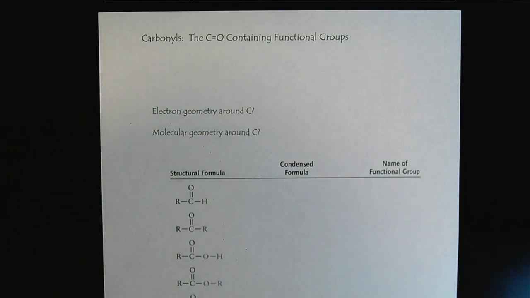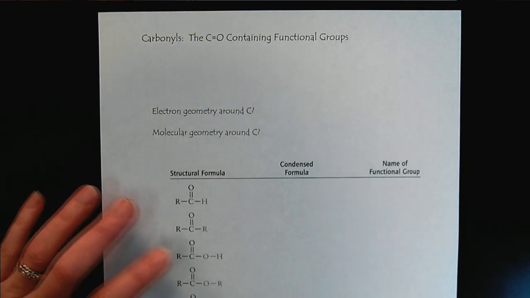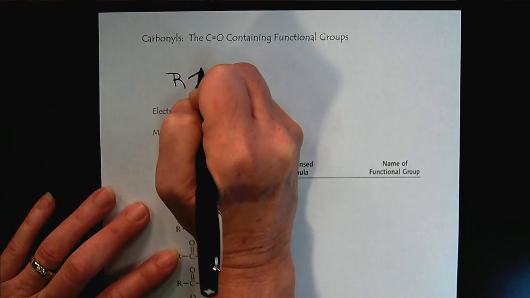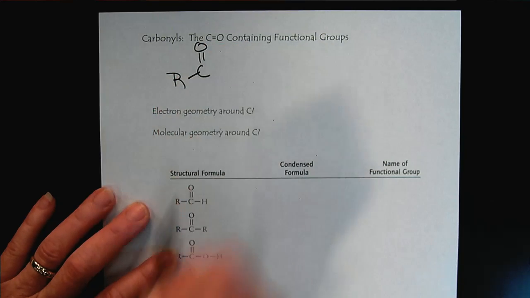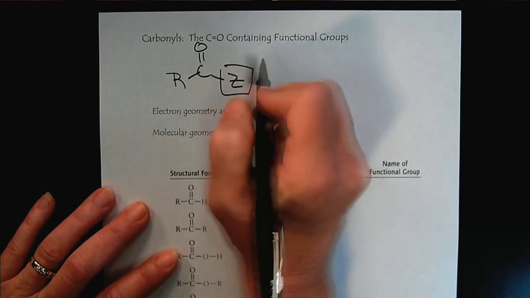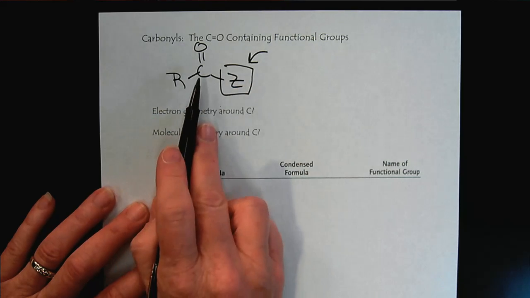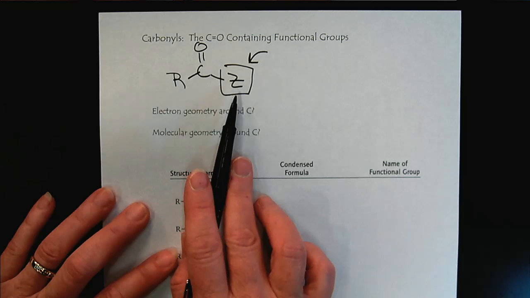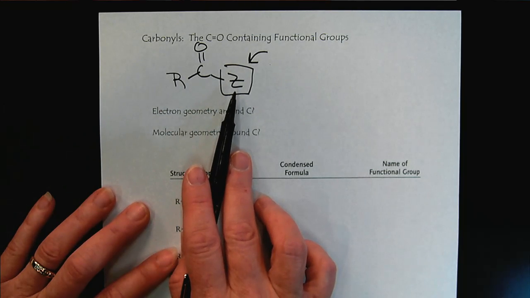There is a very wide range of compounds that include the carbonyl, so when we see the carbonyl, we can't jump to any conclusions. This carbon double bonded to oxygen is the carbonyl group, and it's important to recognize it. But there's very different chemistries depending on what goes into position Z here.